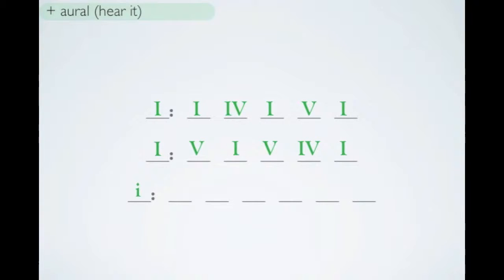The answers are minor 1, 5, 1, 4, 1, 5. A great website you can go to practice just these kinds of exercises is teoria.com, where you can customize your drills by difficulty.